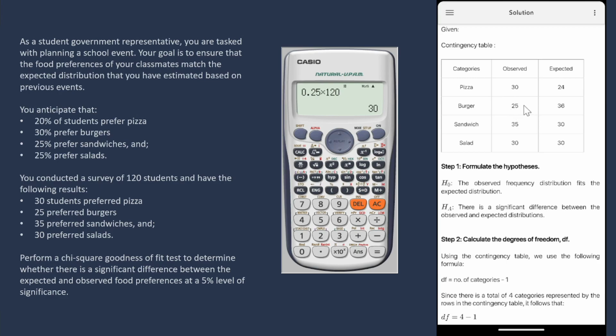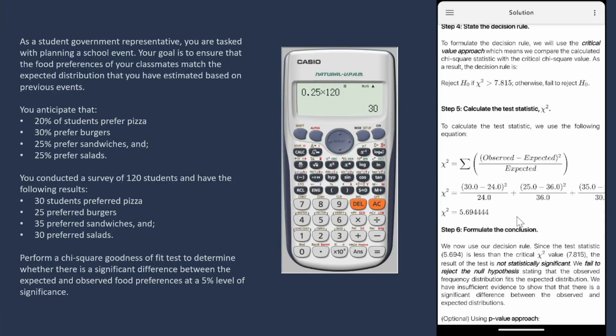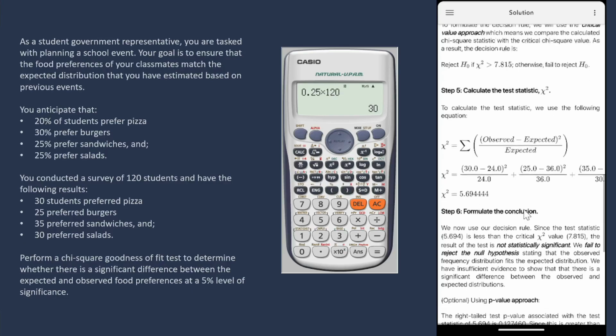The next, 25 minus 36, squared, divided by 36. And then 35 minus 30, squared, divided by 30. Then 30 minus 30, squared, divided by the expected value of 30. This gives us the calculated chi-square value of 5.694444.